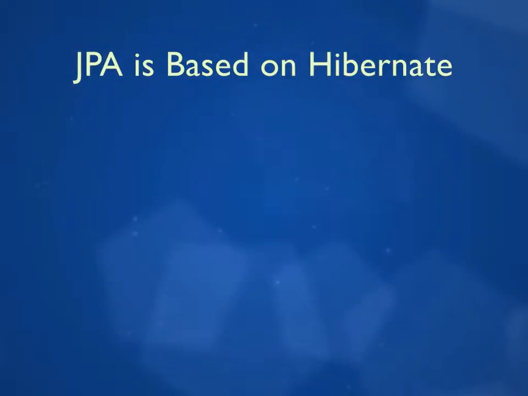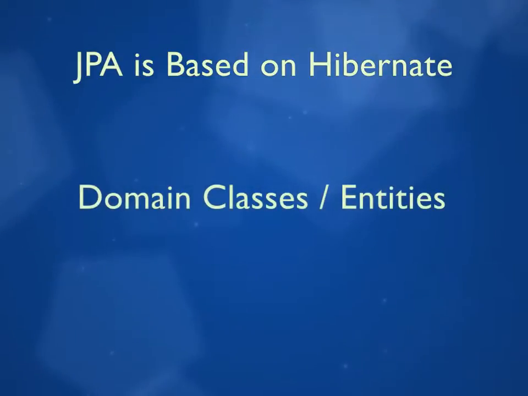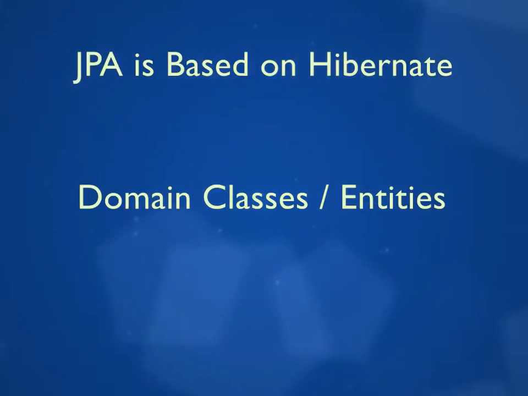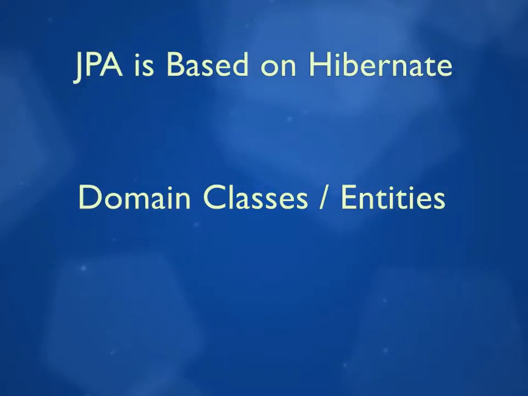We had a look at what a domain class is. These are the classes that represent the objects in your system. For us, this is an employee, but common domain classes would be customer, client, user, order, item, and so on.